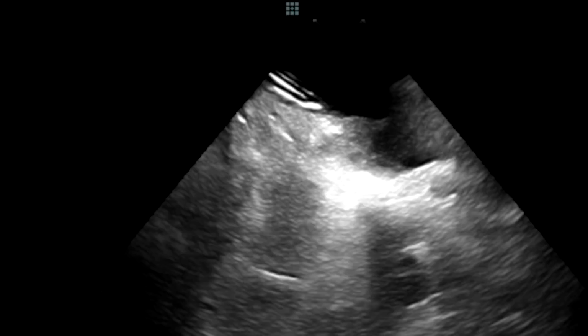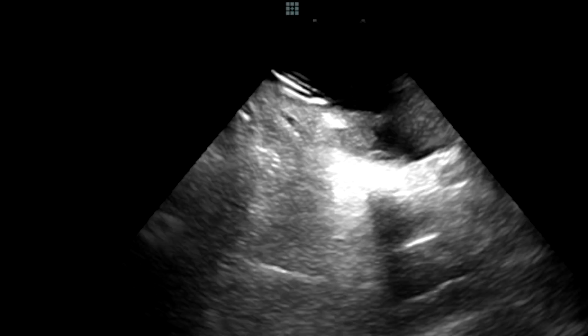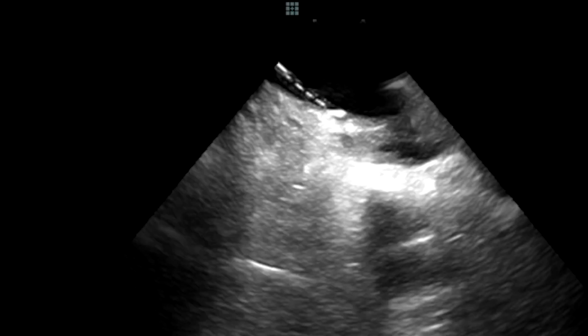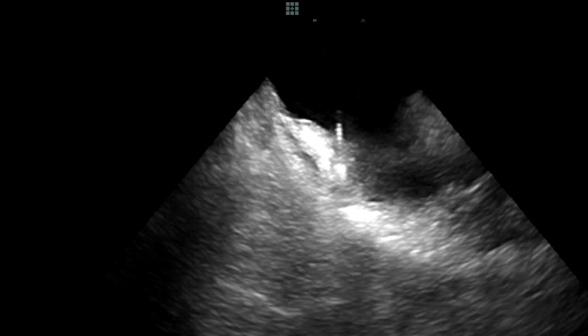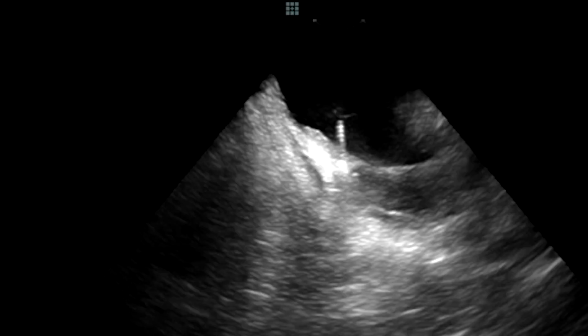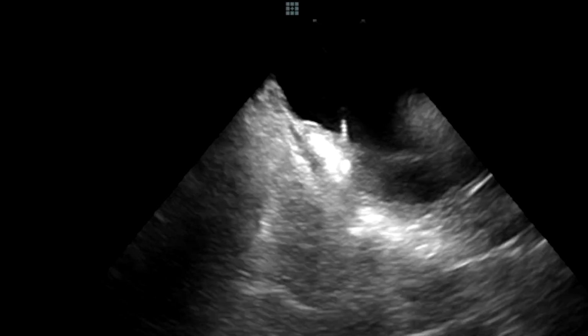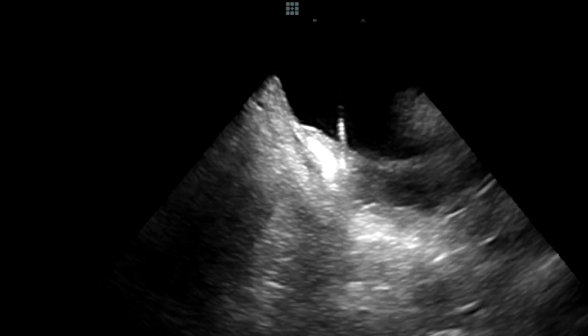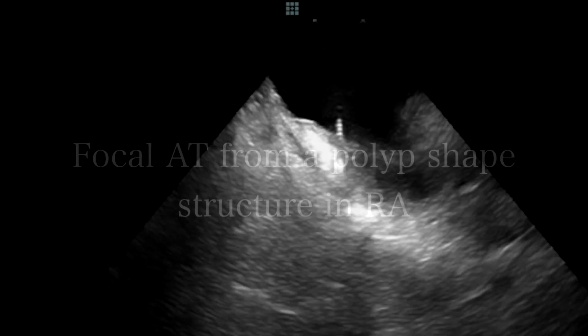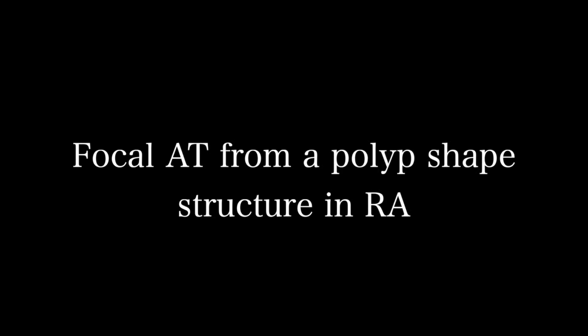And actually, the atrial tachycardia was coming from there. When we saw that scar tissue, we advanced our grid towards that very area, and then we were able to find the earliest activation right there. And then we went ahead, we advanced our ablation catheter there, and we had a successful catheter ablation.